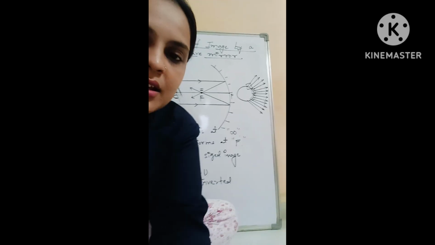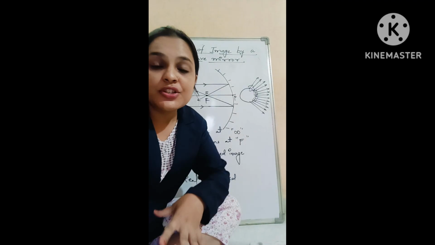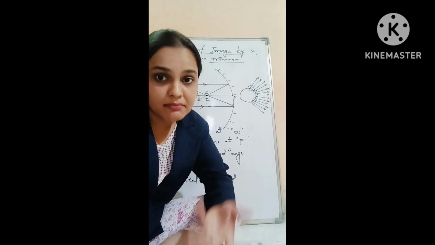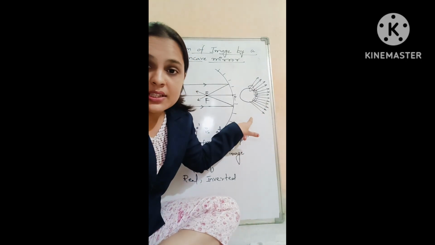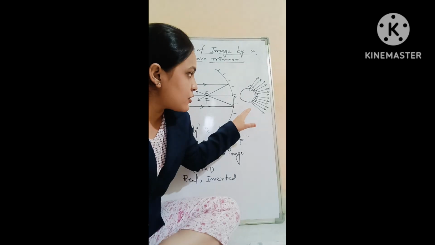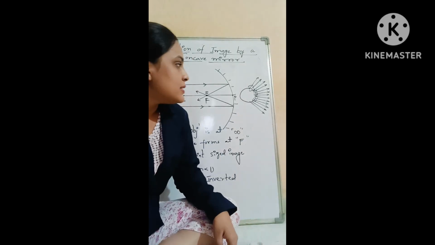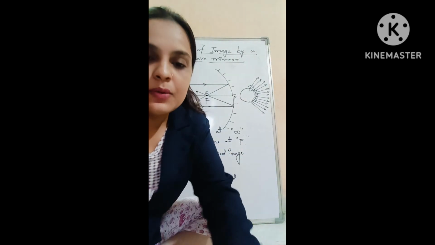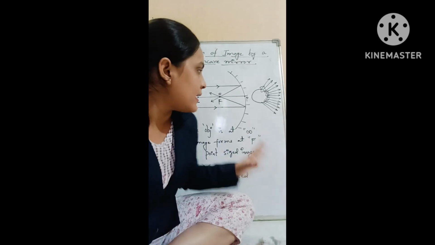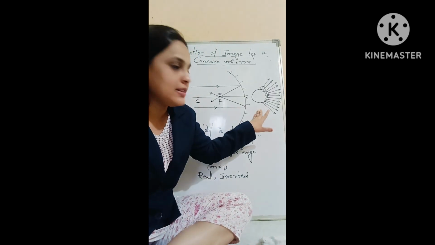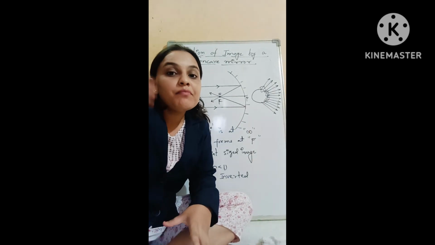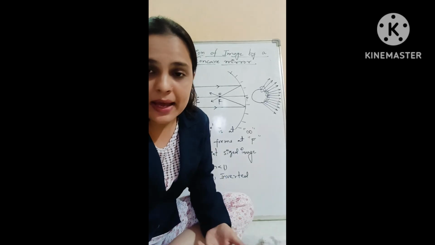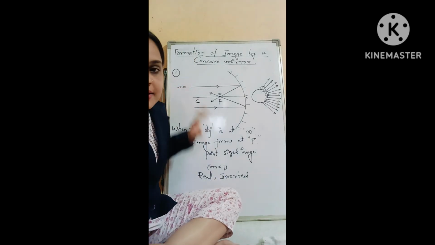So can I say that the rays which are coming from the sun are parallel? Yes. If you go closer to the sun, the rays are parallel. Of course oblique also, but why I took parallel? Because this is the reason. The rays which are coming from the far distance, I can consider as parallel. So I took 2 parallel rays.